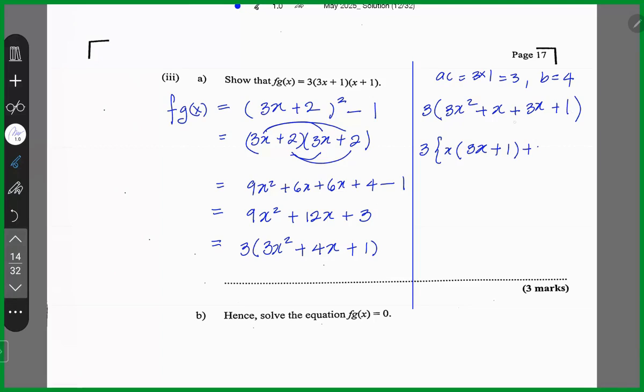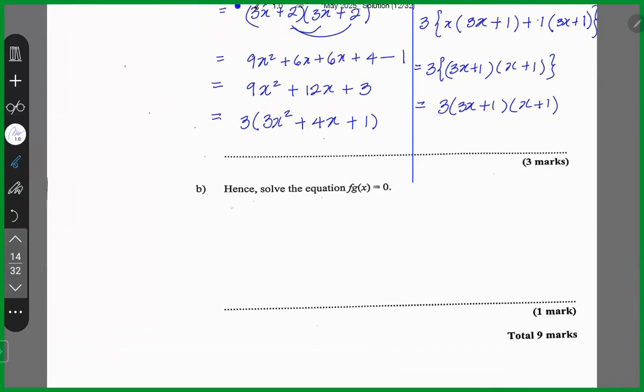Over to the right, 1 is common. 1 into 3x is 3x. 1 into 1 is 1. This becomes 3x plus 1 is common. Multiply by x plus 1 in the next bracket. And so this works out to be 3 into 3x plus 1 multiplied by x plus 1.